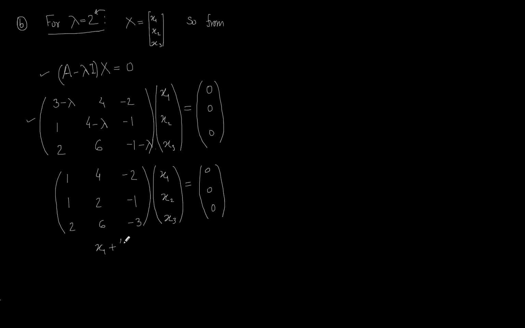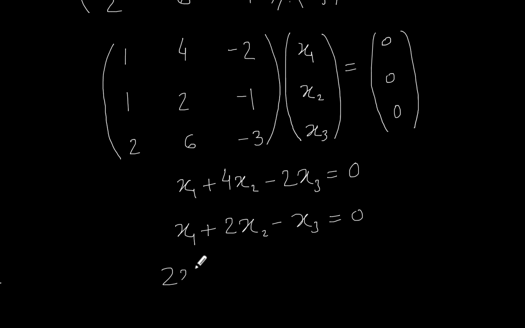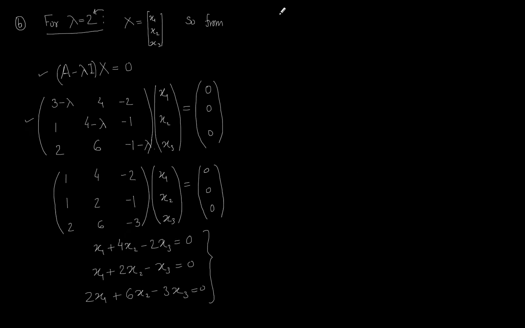So it will be x1 plus 4x2 minus 2x3 is equal to 0, x1 plus 2x2 minus x3 is equal to 0, and 2x1 plus 6x2 minus 3x3 is equal to 0. Now just again solve this system.